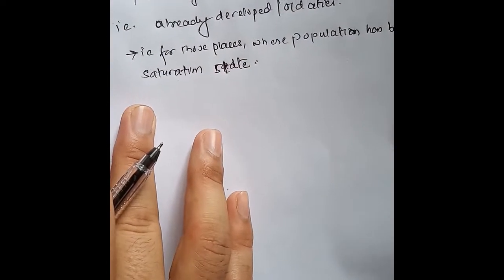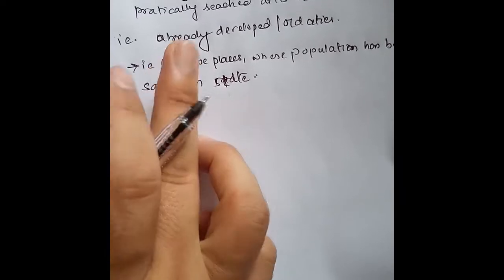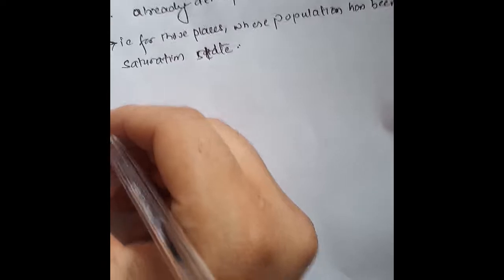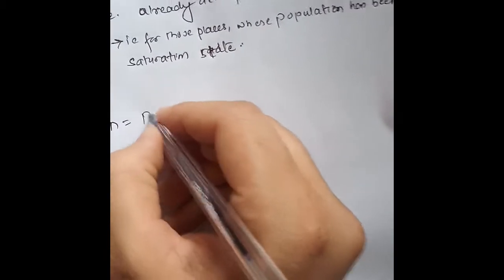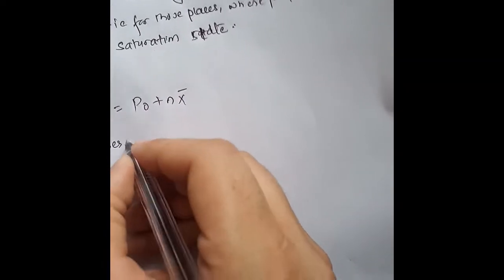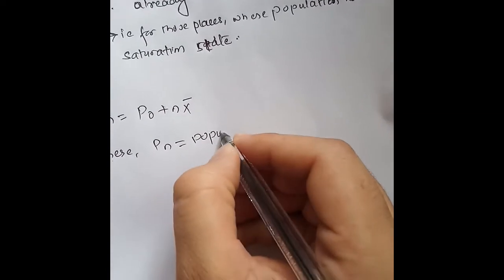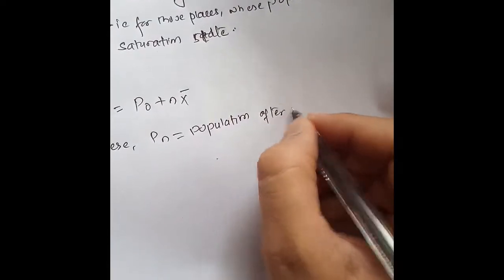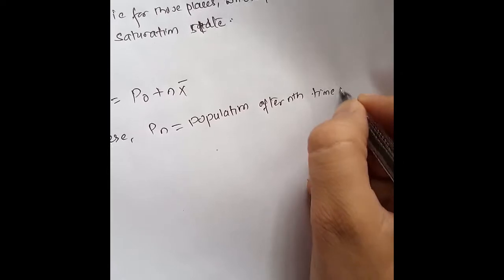For determining the population by the arithmetic increase method, we need to know a certain formula. The population at the nth decade is given by Pn equals P naught plus n x bar, where the symbol Pn denotes the population after nth time unit.